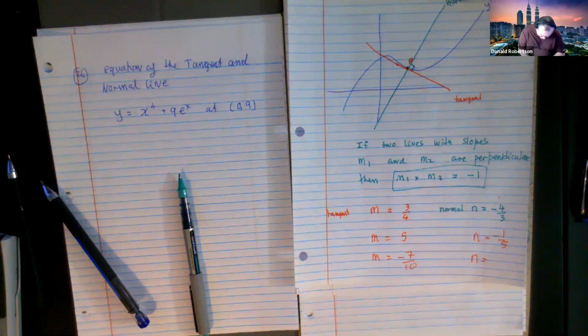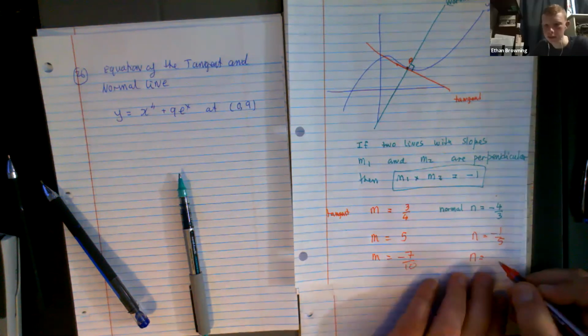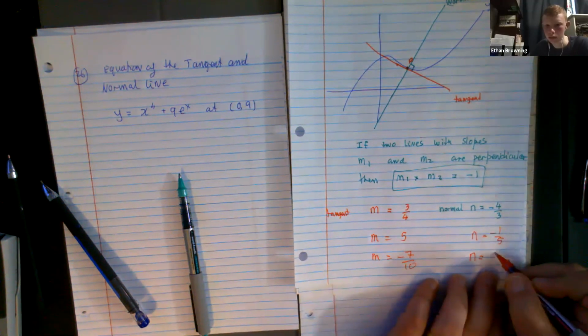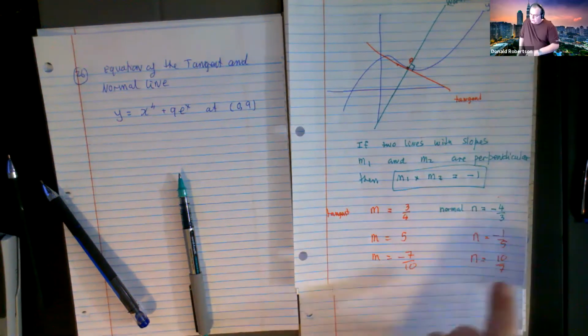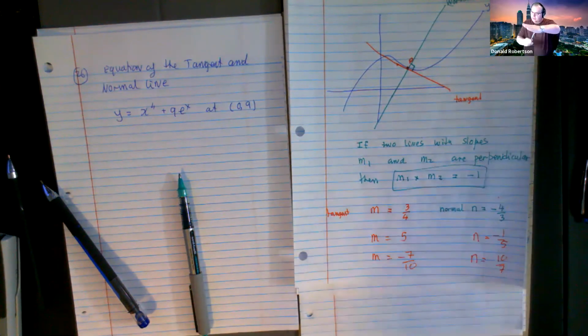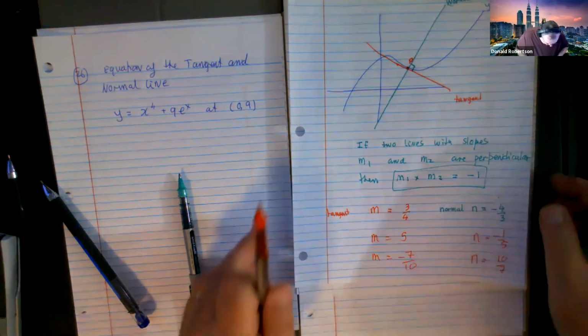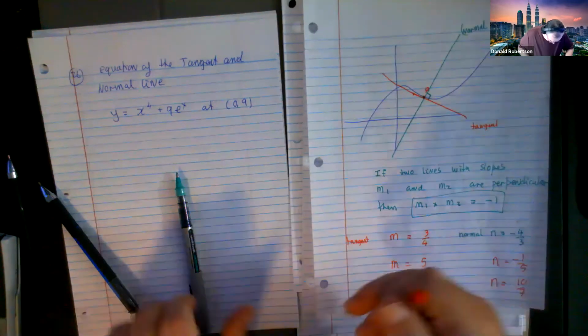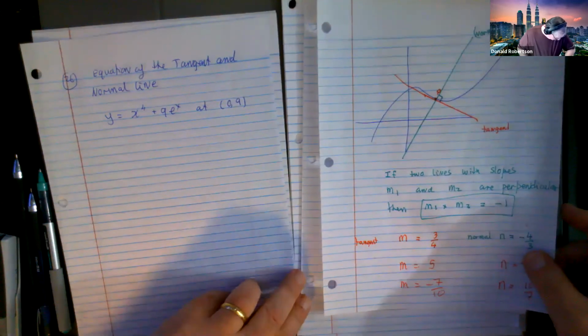Say it again, Ethan. 10/7. Yeah. Do you see the connection between the two slopes? One's going this way, the other's going at right angles to it, perpendicular. If you're 7/9, I'm -9/7, right? Turn me upside down and make me negative. And that's how we are going to do our last question for today. And then we'll talk about this.